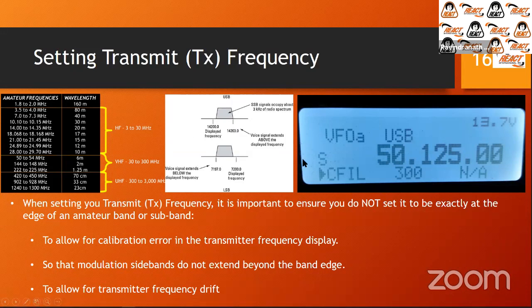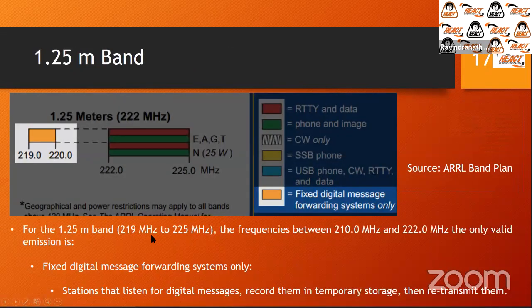In other words, over time, your equipment may be a little off frequency and it may drift up or down. So that's why you don't want to use a frequency on the exact edge of the bands. Hams do not do that, and you need to be aware of that. These are the reasons why, because these are answers in the question pool for your exam.